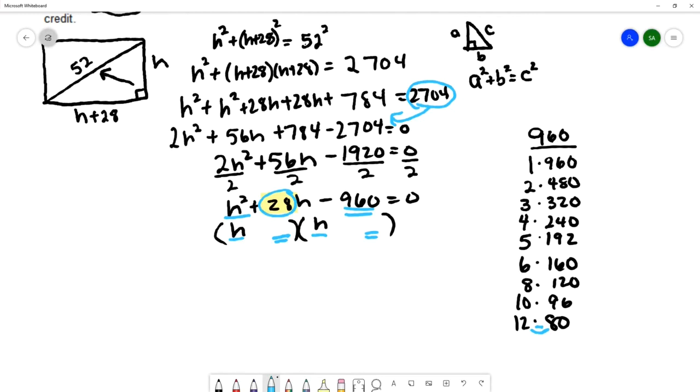So 13 doesn't work, 14 doesn't work, 15 does. 15 times 64. Okay, no.